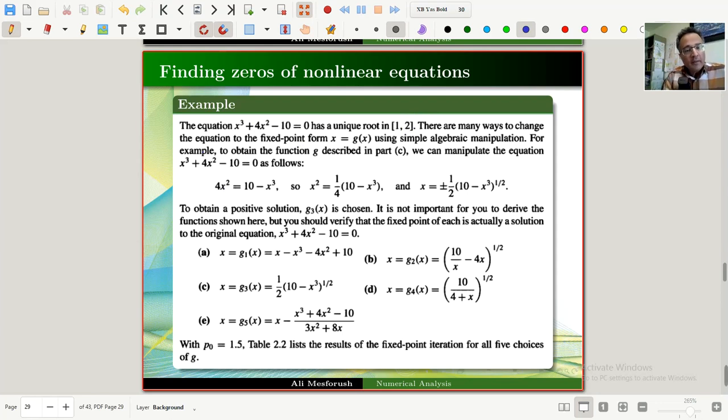For example, consider we keep 4x squared on the left hand side and put minus 10 and x cubed on the right hand side.